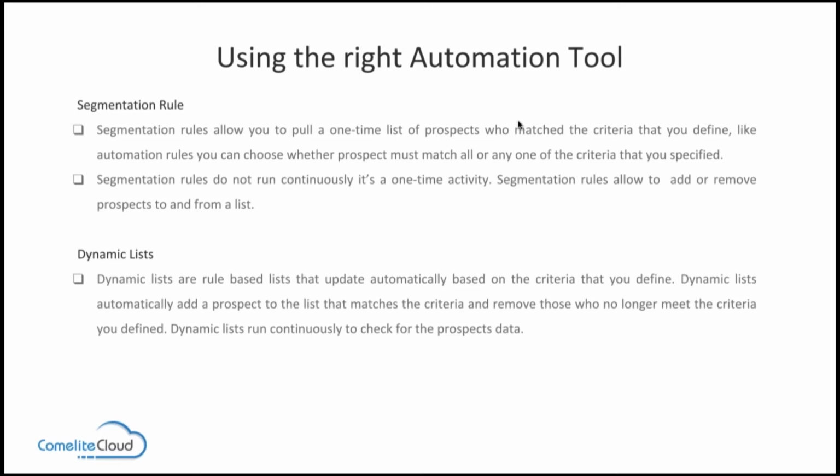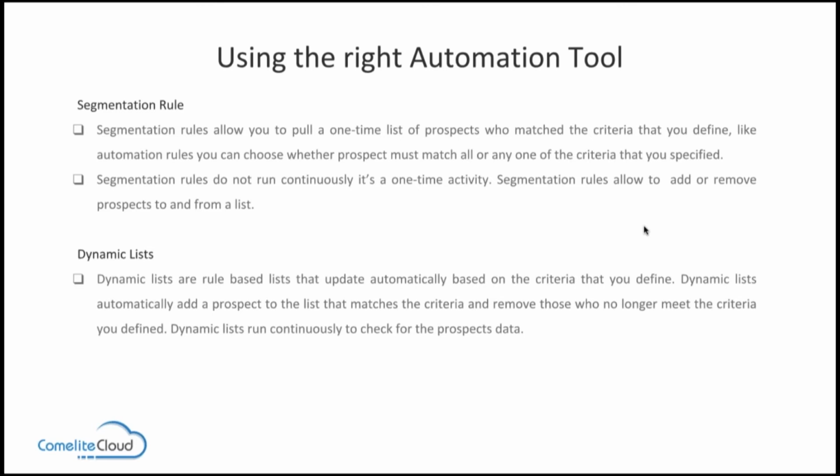And we say this rule will only run when the state is, let's say, xyz, and that is the criteria. So we define the criteria and it will run for all of those prospects. Let's say if a prospect's country is United States, then change the score of the prospect. That we can do via automation rules.